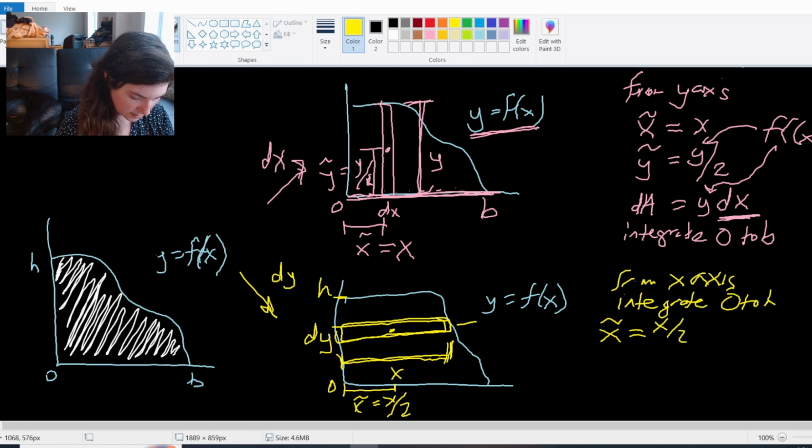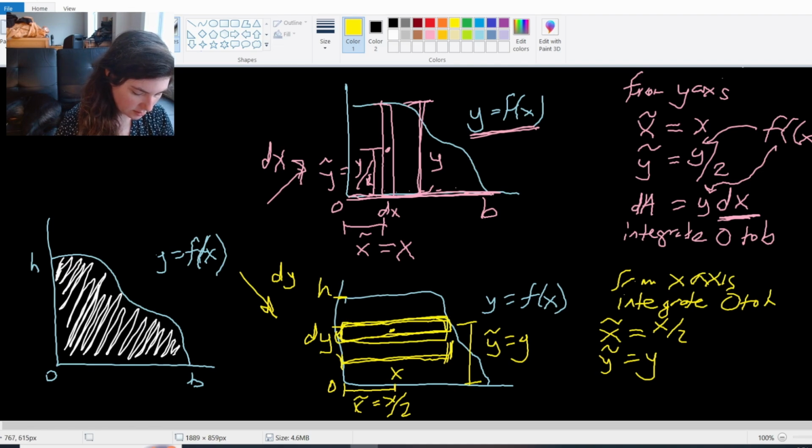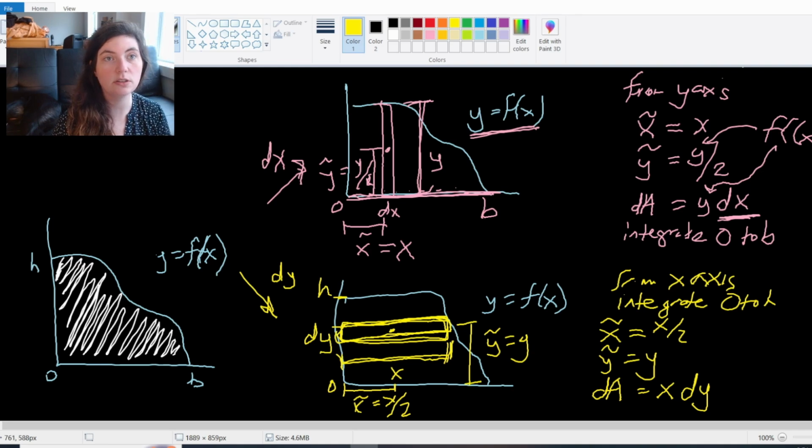My y tilde, distance to the centroid of that little rectangle, is an arbitrary distance. It can be taken at any rectangle wherever you put it, horizontal there. That arbitrary y distance, y tilde, is going to be our y value. And then our dA is the area of this rectangular slice, so dA is x times dy, length times width of the rectangle.